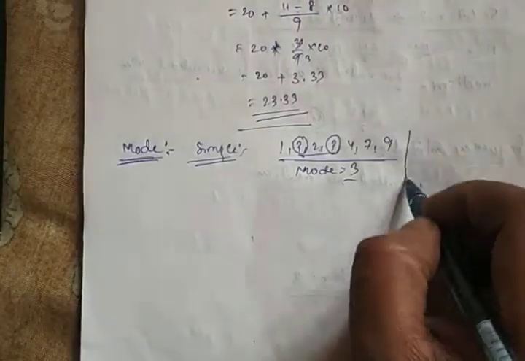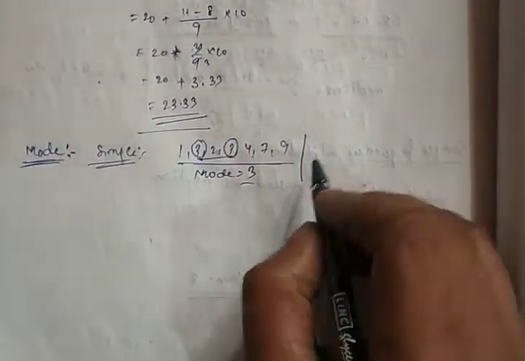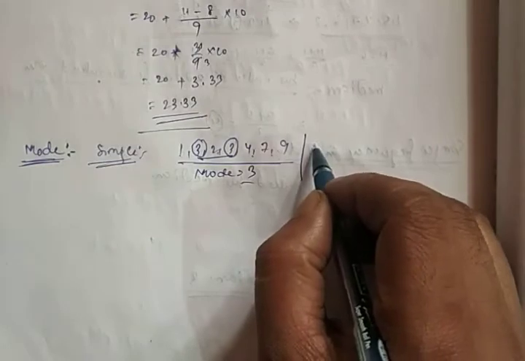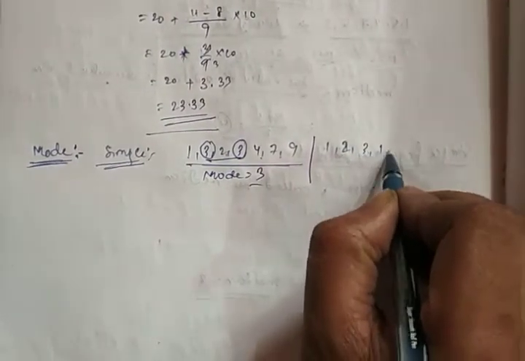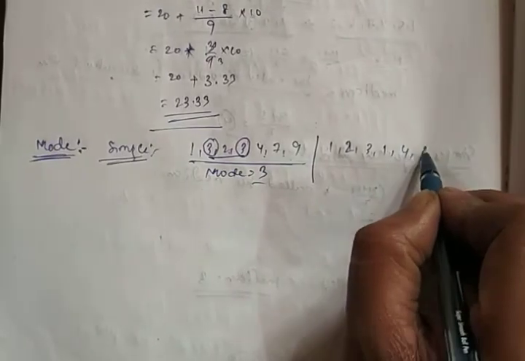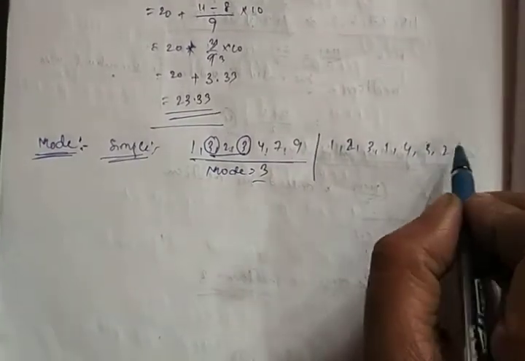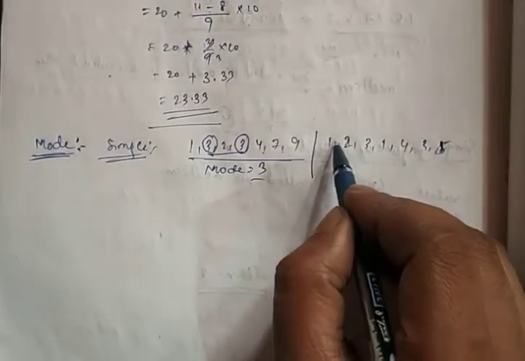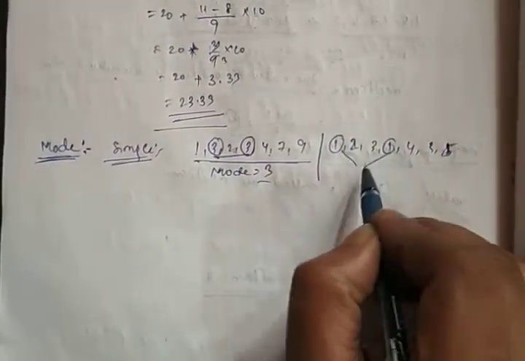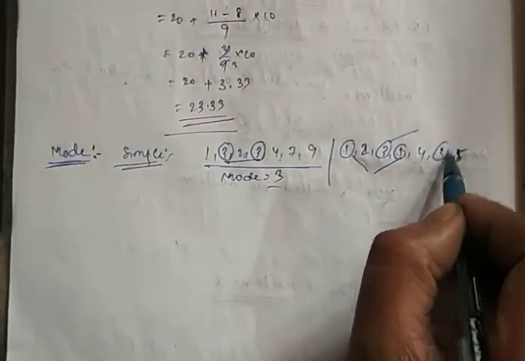If a distribution has 2 modes, let's say 1, 2, 3, 1, 4, 3, 2, 4, 3, 5, then we see that 1 occurs 2 times and 3 occurs 2 times.